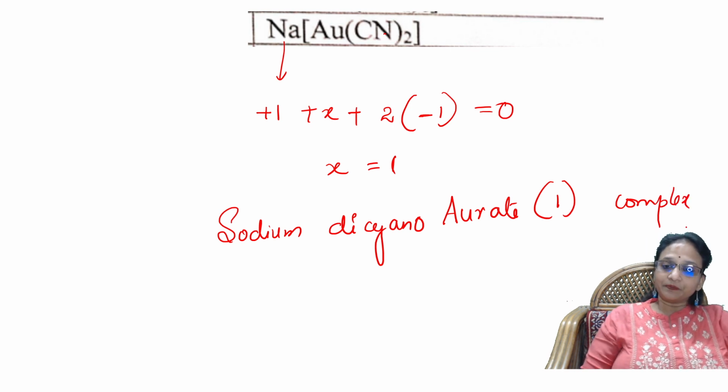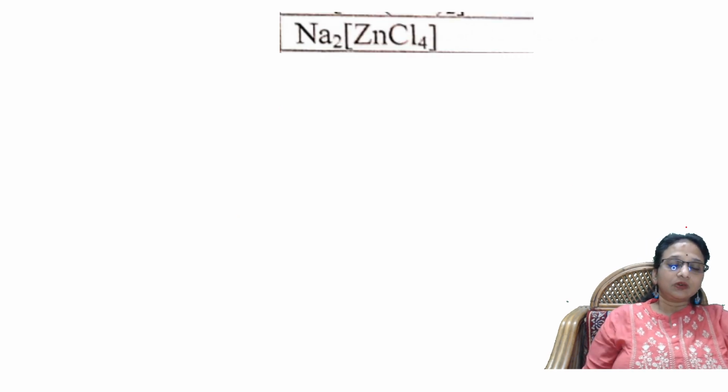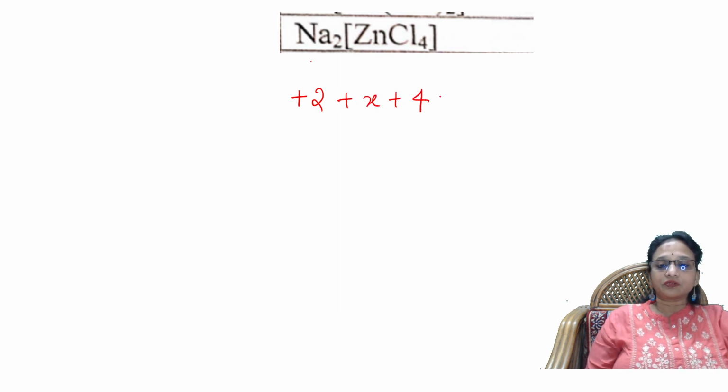Next example. Yes, let's see. One more. Here again, sodium is there. Check the oxidation state. It is +2, plus zinc. How many chlorines are there? 4. What is the oxidation state? -1, equal to 0. Name it: sodium. Basically, disodium also I can write because 2 sodiums are there.